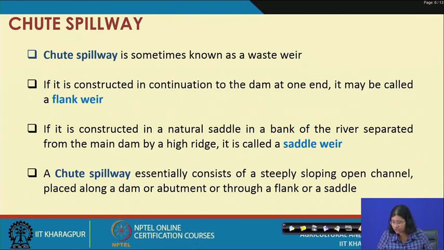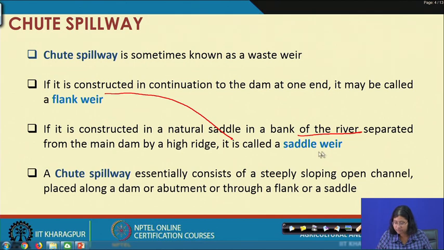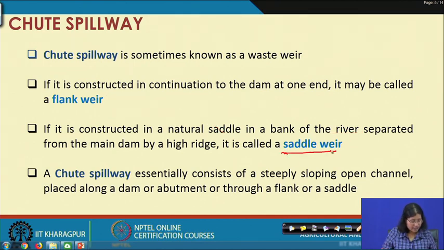In this case, it is known as a saddle weir. So, this is the saddle weir here, and Chute spillway essentially consists of a steeply sloping open channel placed along the dam or abutment through a flank or a saddle.